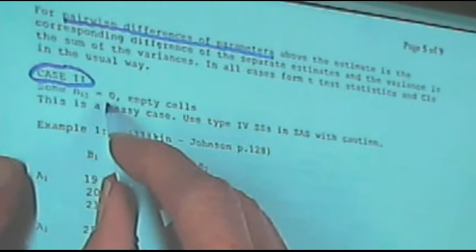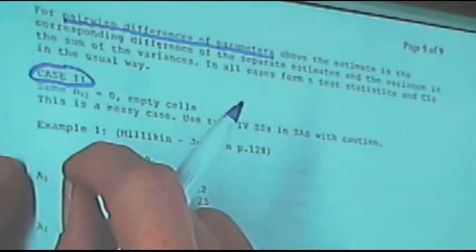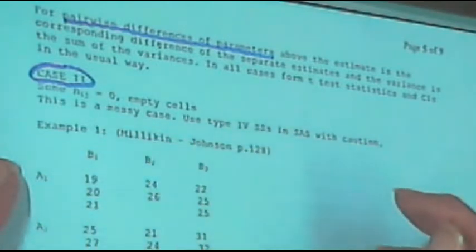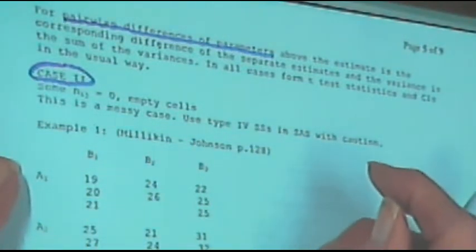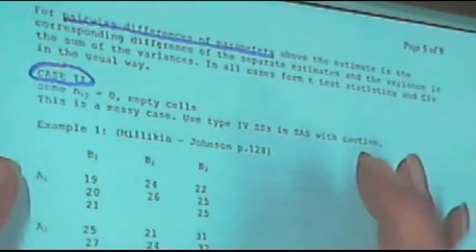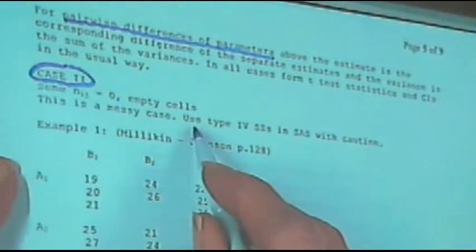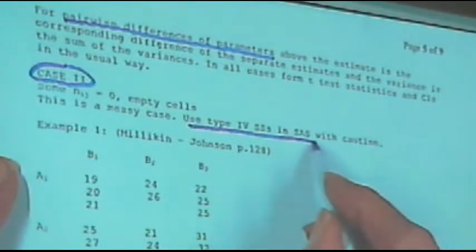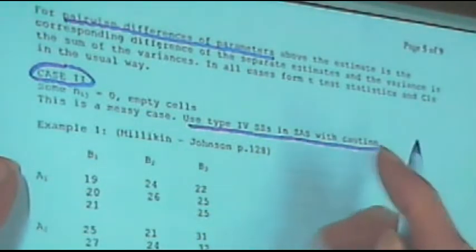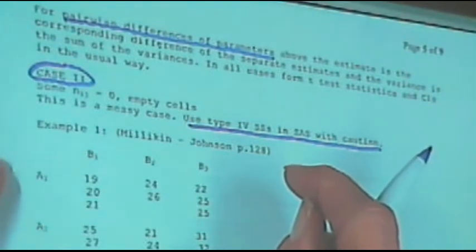Some Nij's are equal to 0. We have empty cells. And I'm punting on this case because it's very messy to deal with. It says here, just as a loose comment, in this situation, use type 4 sums of squares in SAS, but be very cautious because it may not be appropriate.